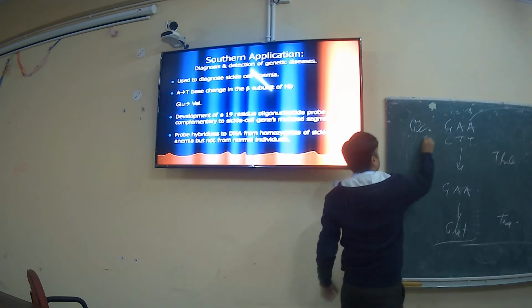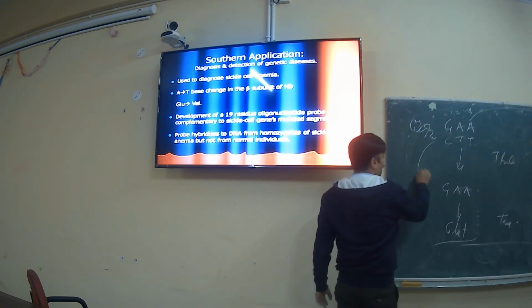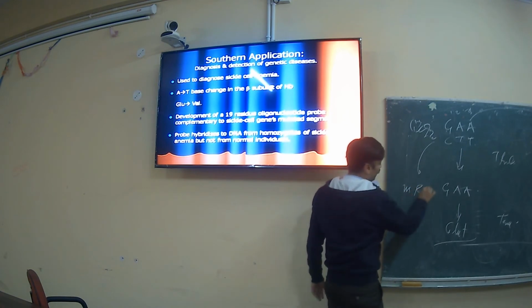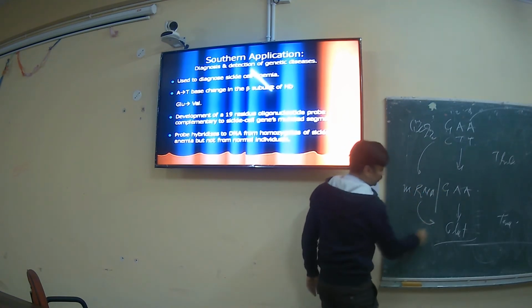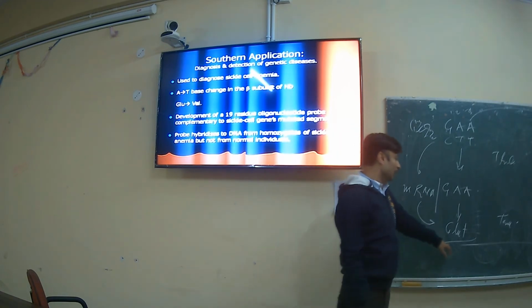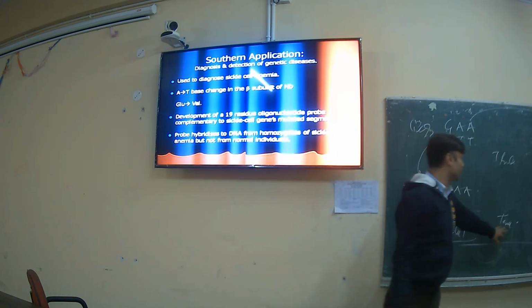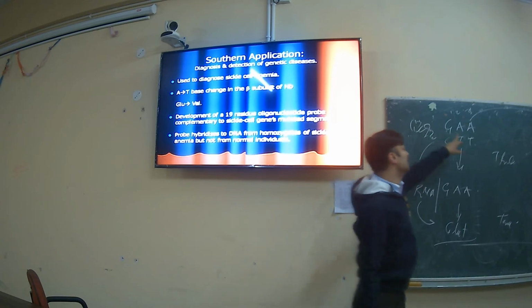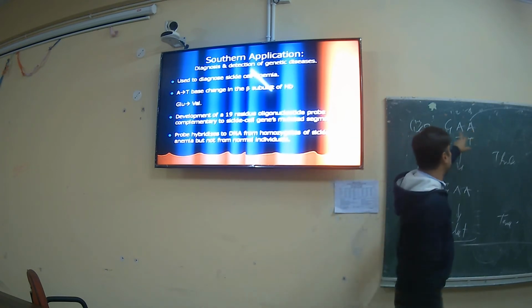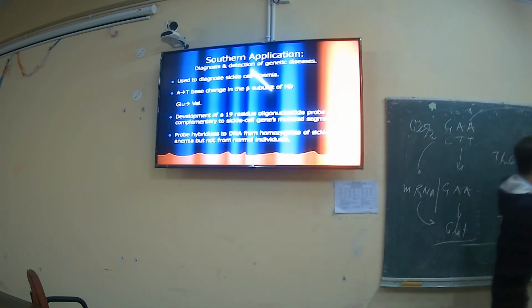So this one is double stranded DNA. This double stranded DNA is converted into mRNA by transcription, and then this mRNA language is decoded into amino acid language through the translation process. So a single base change in the third base of the codon, A changed to T, changes the corresponding mRNA sequence.